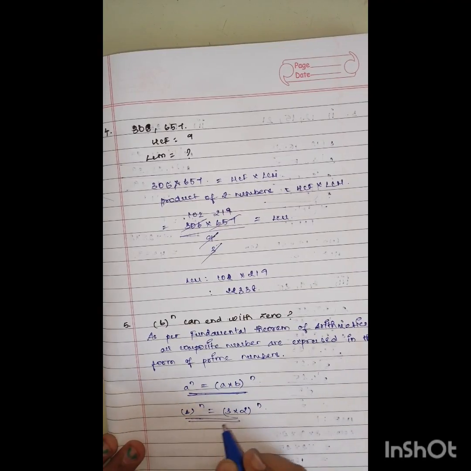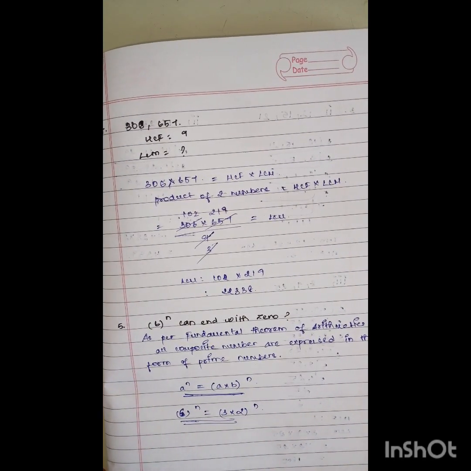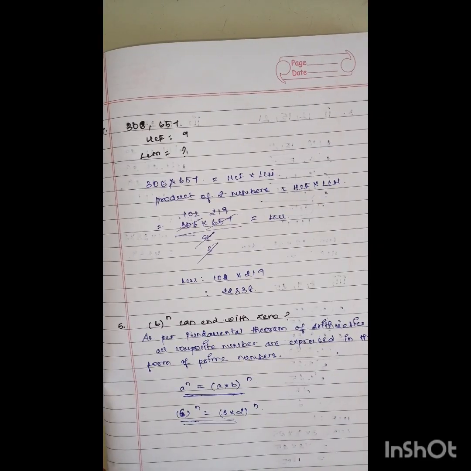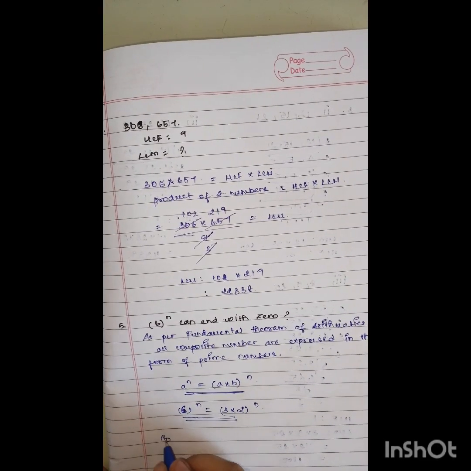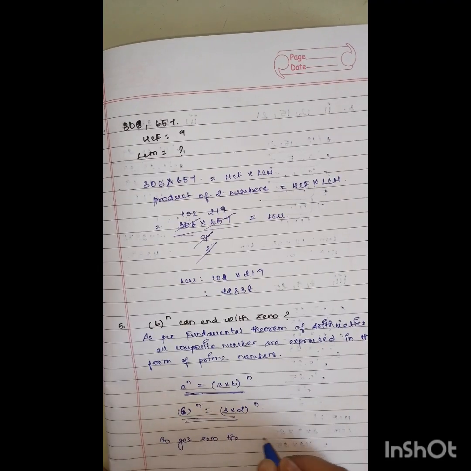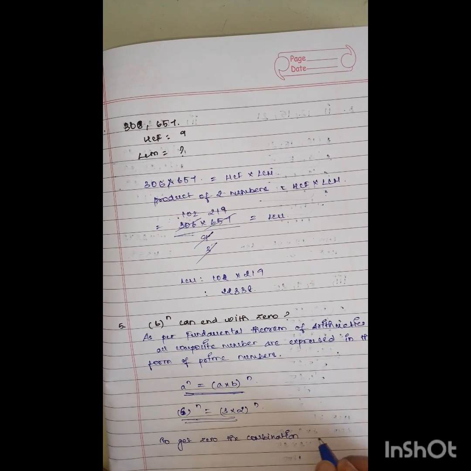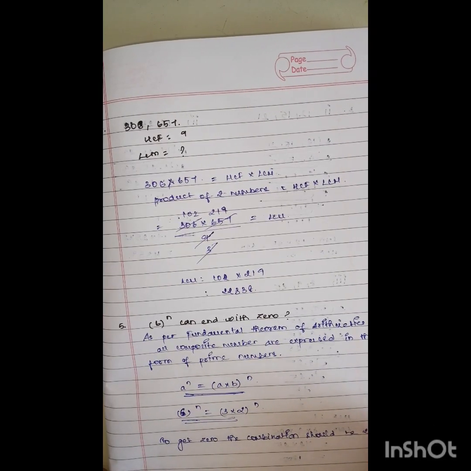So 6 can be expressed as the product of 3 and 2. For getting a number ending with the digit 0, we need a combination of 2 and 5, which is not there in this set. So 6 to the power of n would not end with 0. This is the explanation that the board seeks from every student.